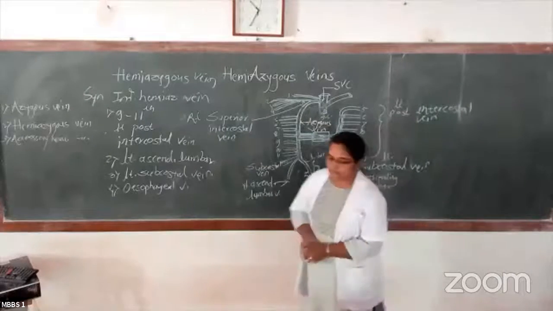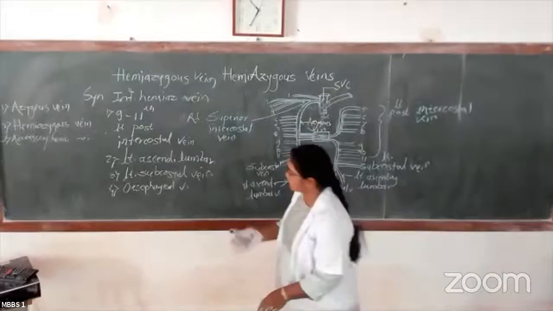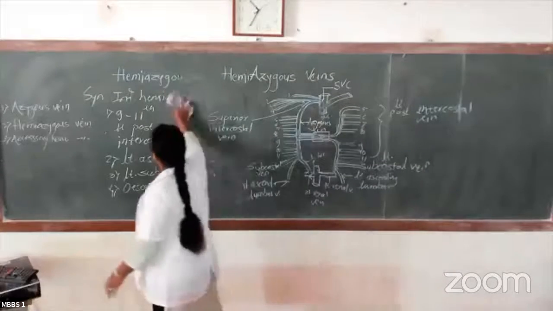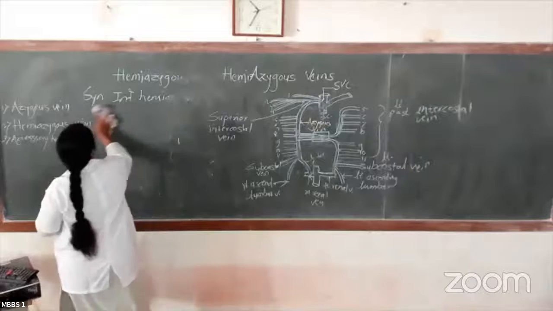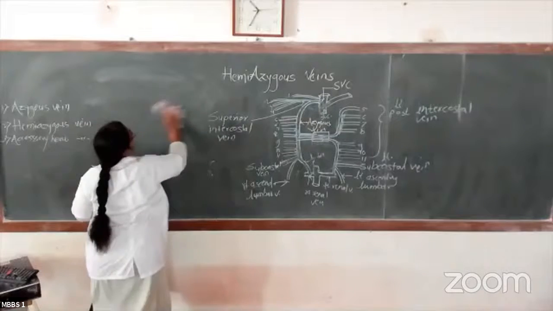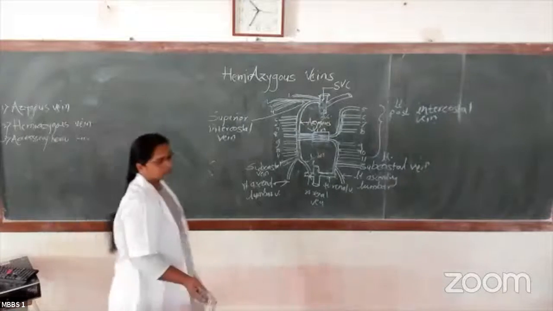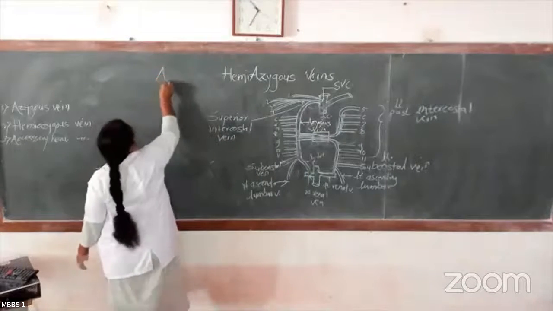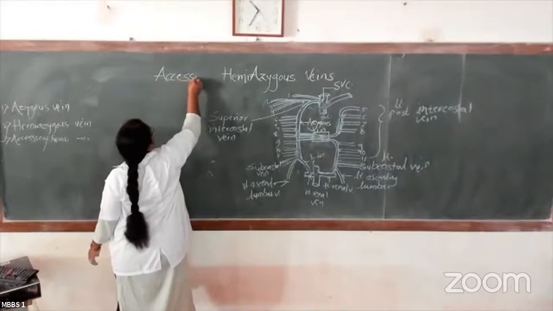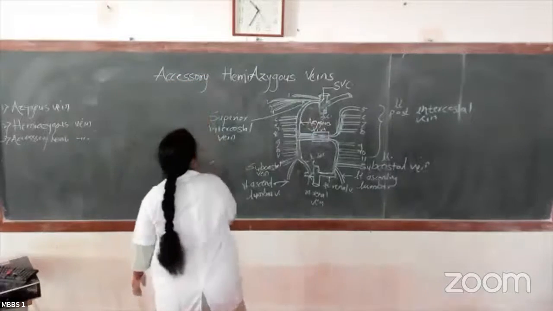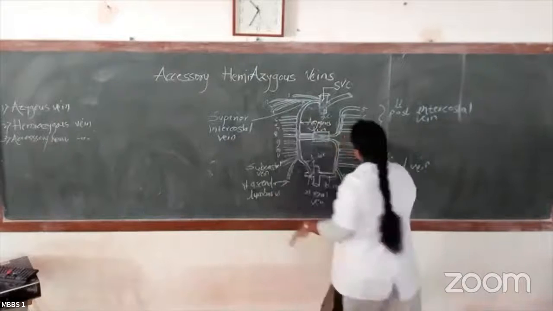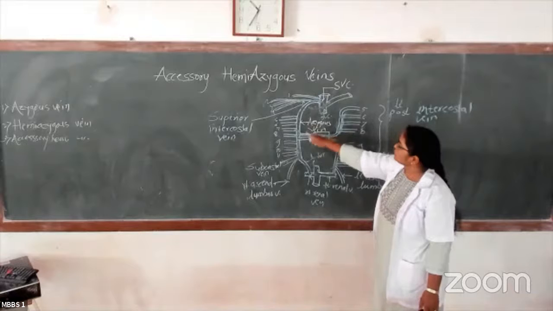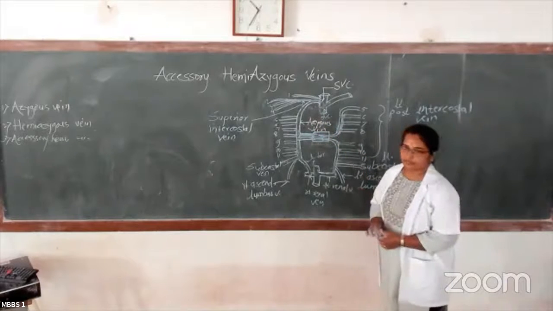Now we see the accessory hemiazygous vein. Now this accessory hemiazygous vein is also present on the left side of the vertebral column. Now it corresponds to the upper part of the azygous vein.